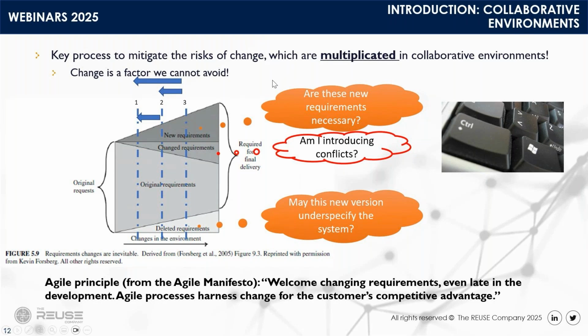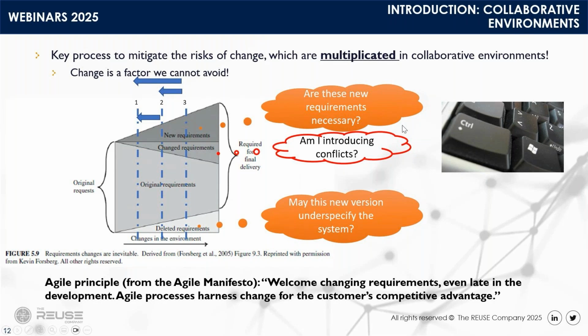The philosophy here is to consider change as a factor that we cannot avoid. Instead of trying to predict everything, of course we can predict different aspects, but we need to be aware that some change is not predictable. Risk management will help, but not all risk can be 100% predictable. So we do our best to control the changes.